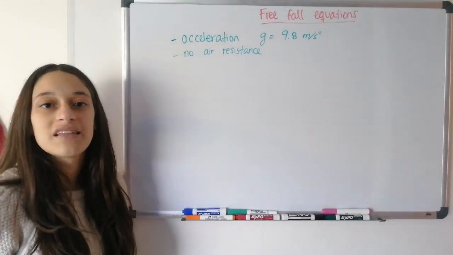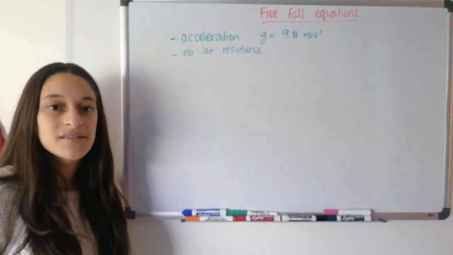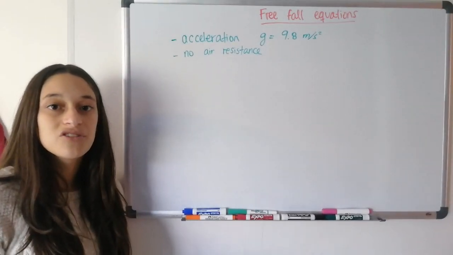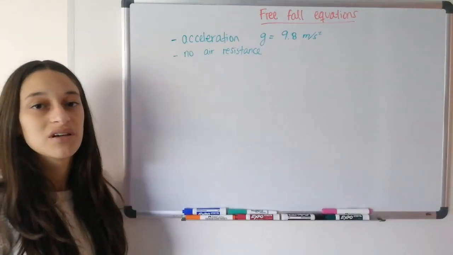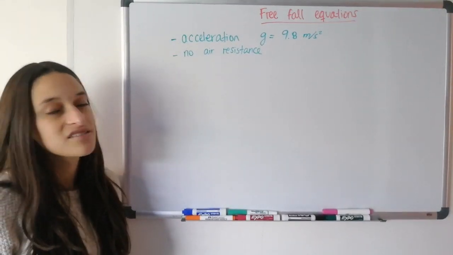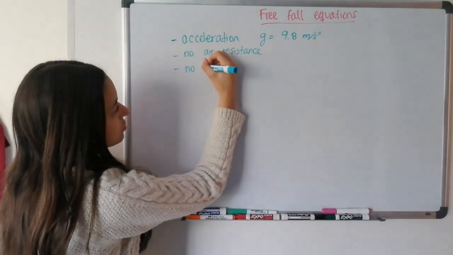And the third thing is that usually objects, when they are dropped from really high up, at some point reach a terminal velocity and they stop accelerating, so their acceleration isn't 9.8 meters per second squared anymore. That's not going to happen here. So we're not talking about terminal velocity either. No terminal velocity.